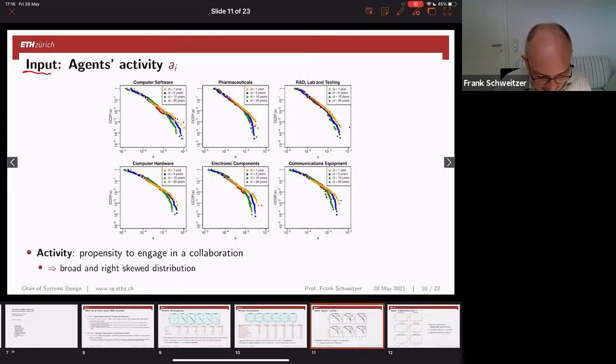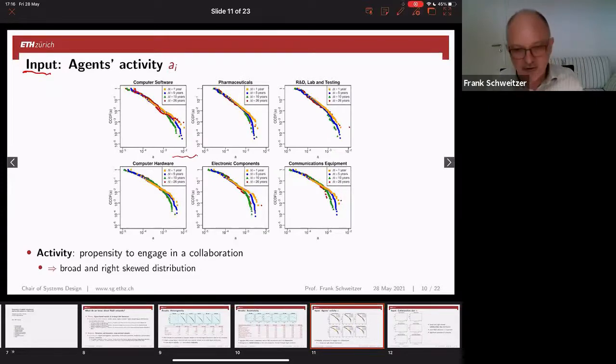So this is a double logarithmic plot here, as you see. And we have a very broad distribution here. What does it mean? It means that most of the firms only engage in 1 or 2 collaborations at the same time. This is measured over time. But a few of these firms engage in very many collaborations at the same time. That is what we see here.